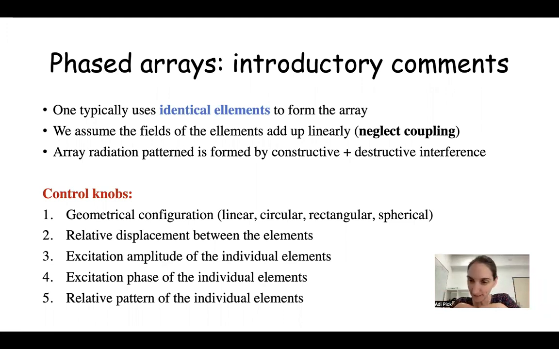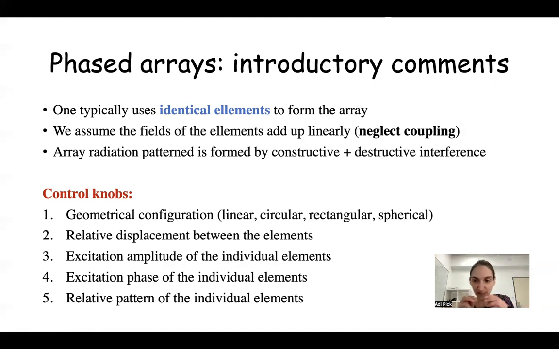And I wanted to list the 5 knobs we can control about the array. So one, we can change the geometrical configuration of the array. So we can have a line array, a circular array, a rectangular or a spherical array. And I will show you examples of all of those.